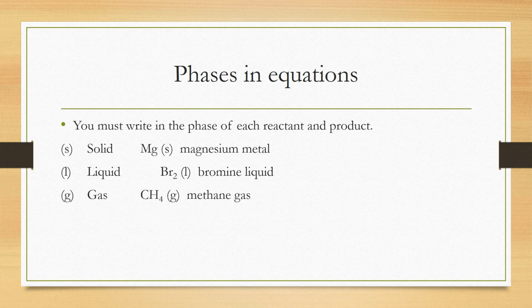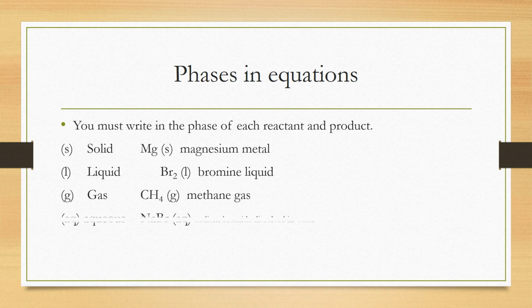Gases: usually the gases that we mark will be common gases like nitrogen, oxygen, fluorine, chlorine, anything written in red on the periodic table. And then remember those diatomics and things like that. Carbon dioxide, carbon monoxide will be gases a lot of times.